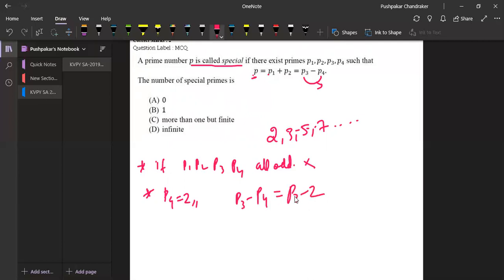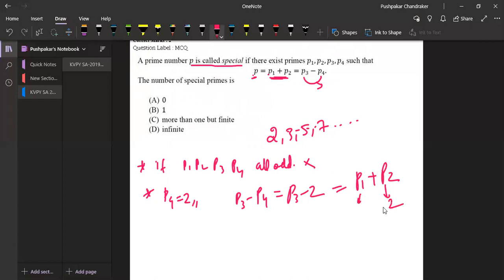P3 is an odd number, and odd minus 2 will be an odd number. So the center, P1 plus P2, should also be odd. Odd can happen if one number is odd and the other is even. That's the only possibility. It means one of the numbers here must be even, and the other must be odd.